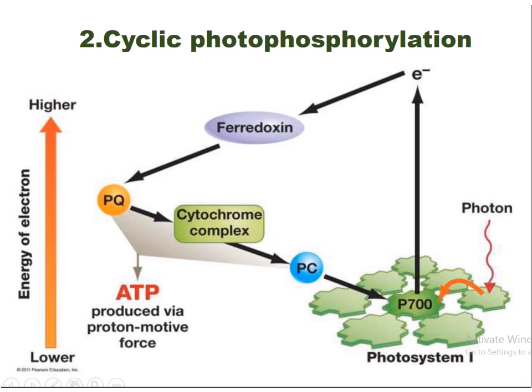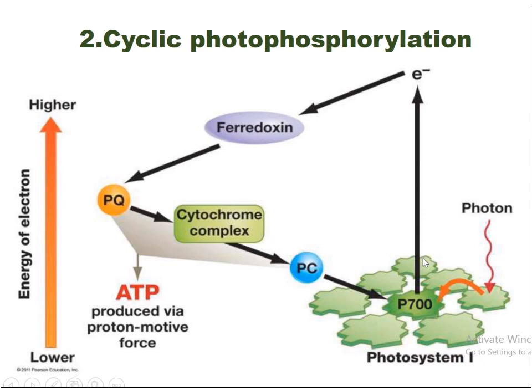In this light reaction of photosynthesis, ATP is formed from ADP and inorganic phosphate in the presence of light and photosystem 1. During the cyclic transfer of electrons, the electron transfers cyclically, which is why this is called cyclic photophosphorylation.